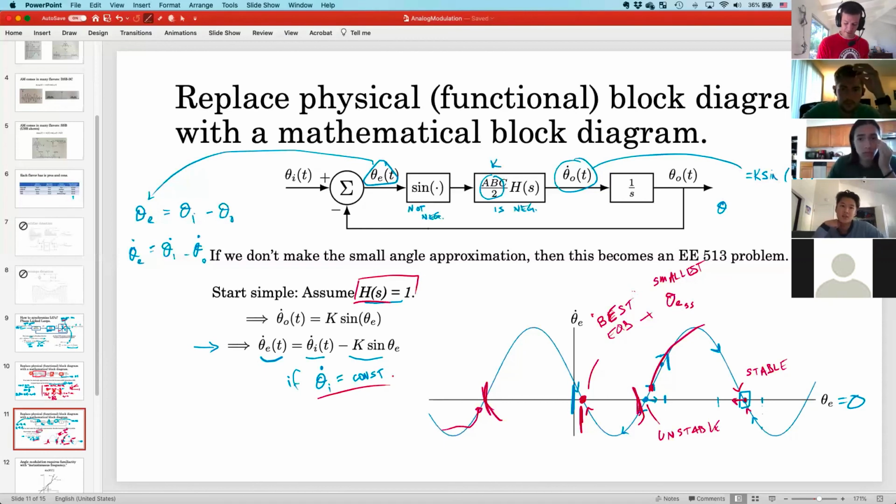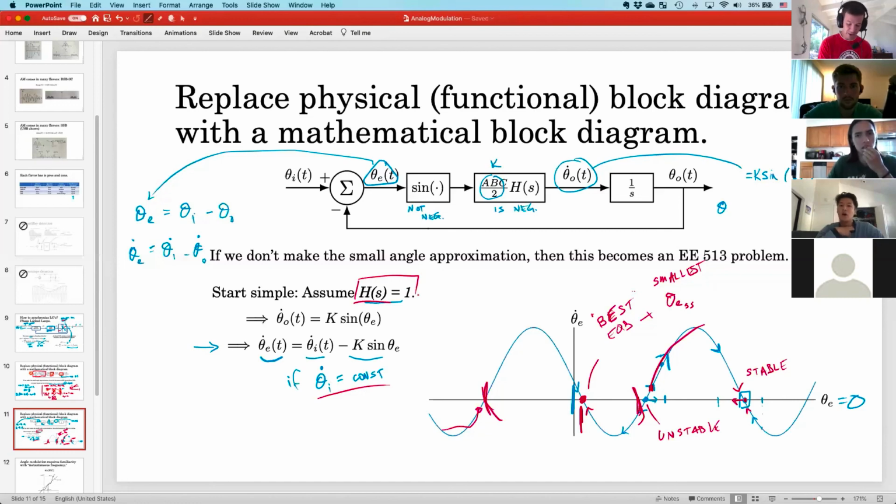I think that this only represents a single system. This is a nonlinear system that takes a sine of an error and then passes it through a gain. So for that particular system, we get a behavior that's encapsulated in this graph, assuming the input rate of change is constant.